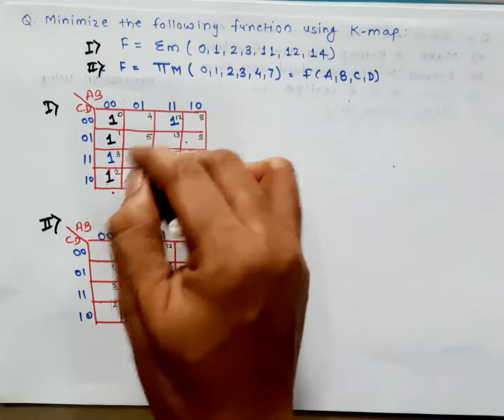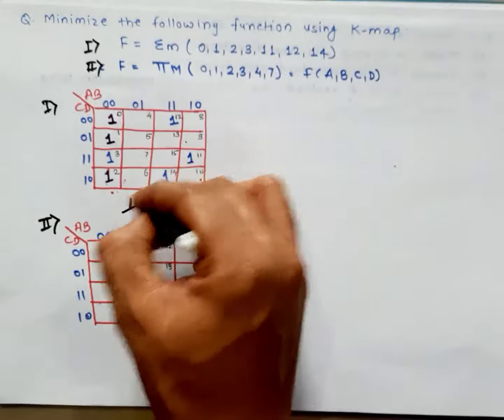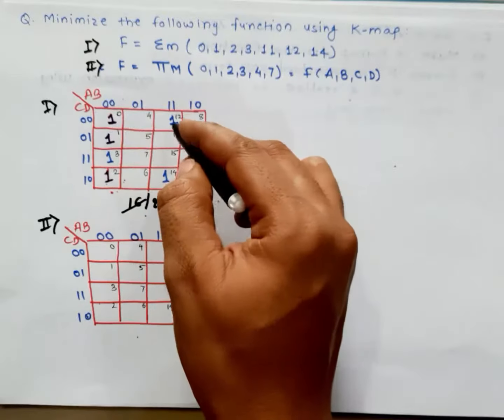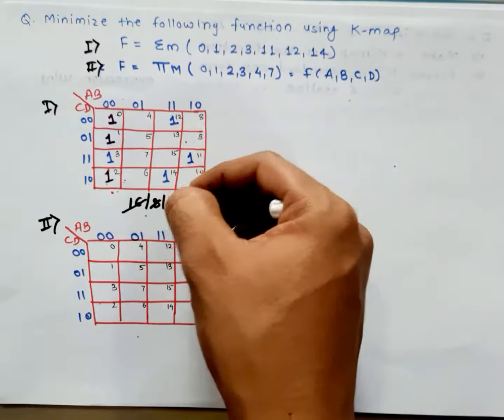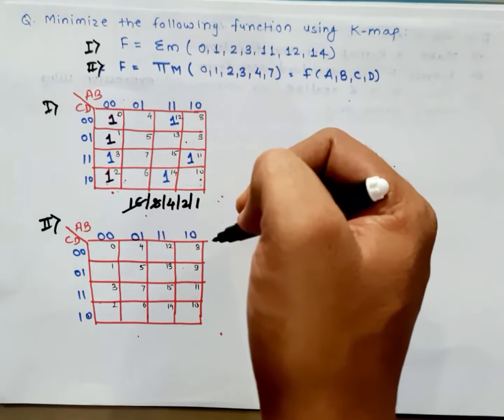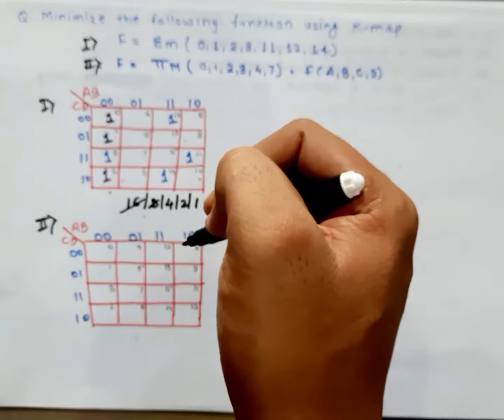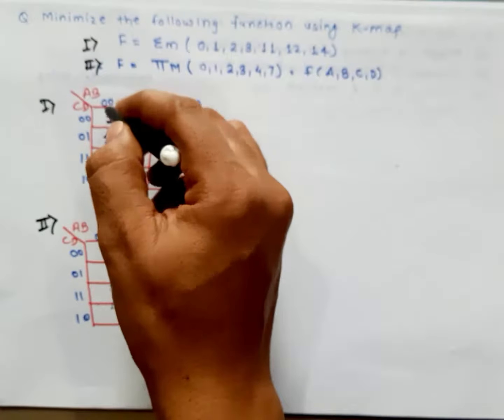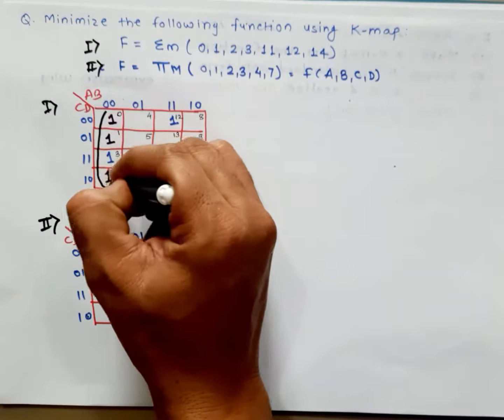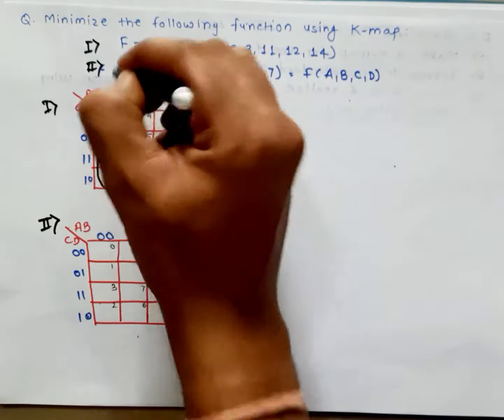So 16 cells, all cells having high values, not possible. 8 cells, only 7 cells we can count, so not possible. Group of 4 cells, yes or no? Yes, it is possible. This is a vertical group, so easily we can say that this group is possible.